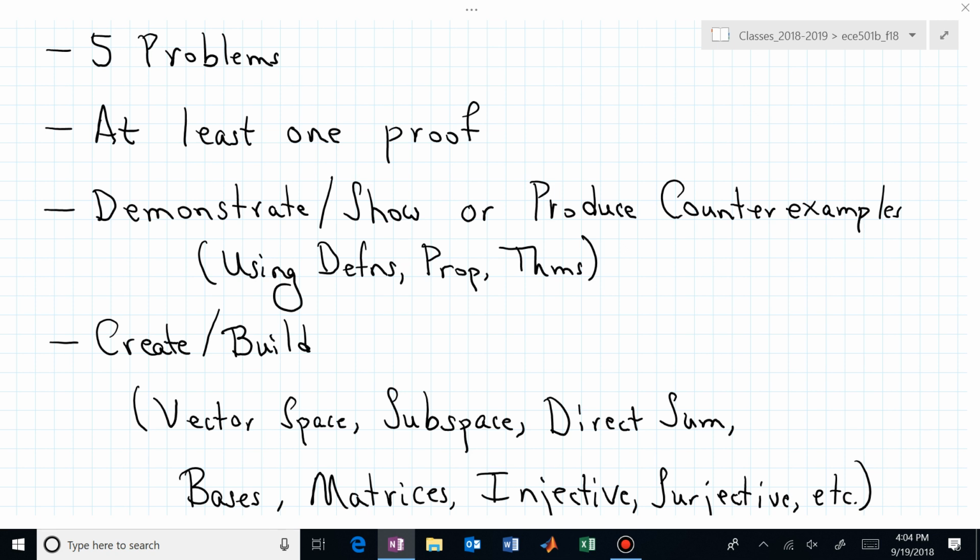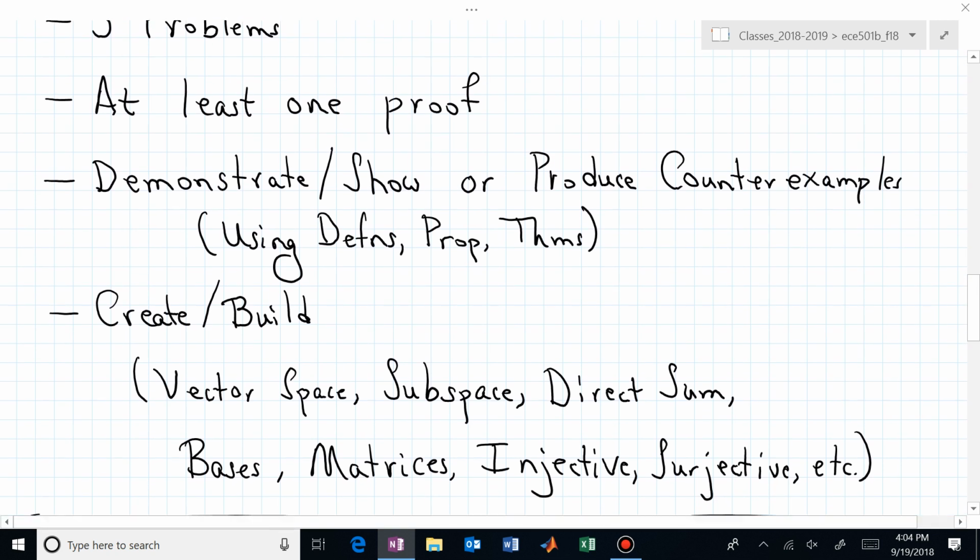Questions on the process or structure? Yes? For the propositions and theorems that might be used for the proof, do we need to know the proposition number? You don't have to. The question is, do we have to know the proposition number or the theorem number? No, not necessarily, but sometimes that's helpful, maybe. Sometimes I can remember numbers better than I can remember other ways of encoding a theorem, like knowing, oh, this is proposition 323 or something.